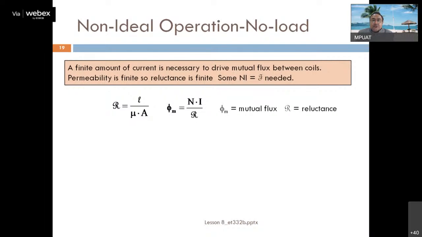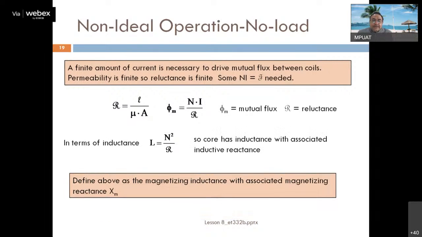Also the maximum flux density is given by N into I upon the reluctance, where phi m is the mutual flux between the two coils, and R is the reluctance. So in terms of inductance, we have L equal to N square by reluctance.